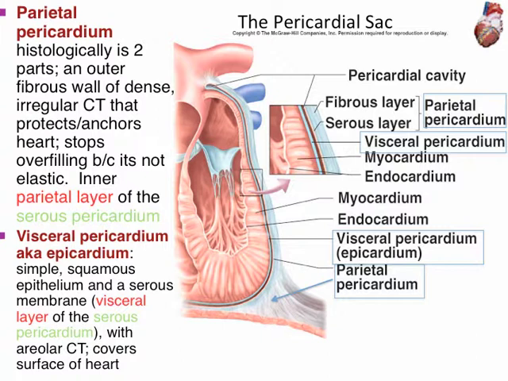And that visceral pericardium, aka the epicardium, is histologically a simple squamous epithelial membrane. And that's the type of cell that lives in the serous membrane. So it's simple, so that means it's one layer. Squamous, that's the shape of the cell. But because it's secreting serous fluid, it's also called a serous membrane.